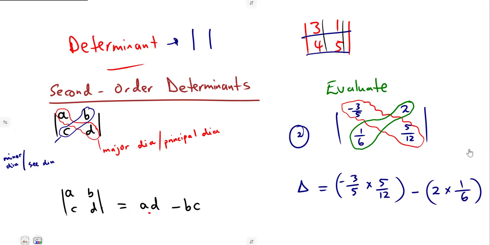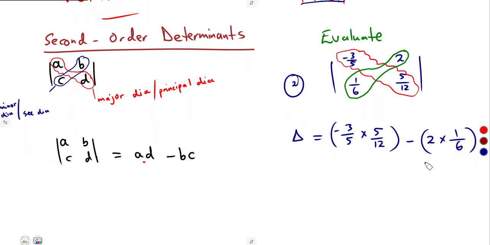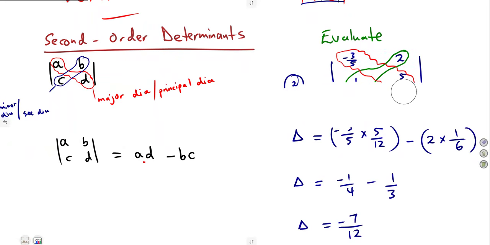Just like that, we can evaluate this. It is you and your calculator. This is going to give us negative 1 over 4 minus 1 over 3. All right, then evaluate, you're going to obtain negative 7 over 12.